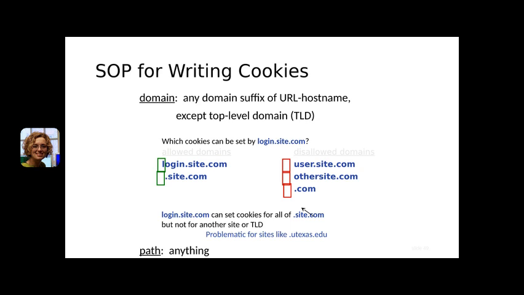I think I've shown you URL paths, like if you access a document in my website, you will see the docs/docs path. So the path can be anything. So which cookies can be set by login.site.com? login.site.com and .site.com, not the user or other sites or .com. Just keep that in mind, super important for the SOP.